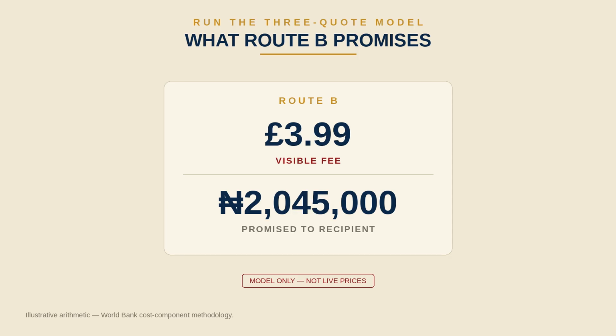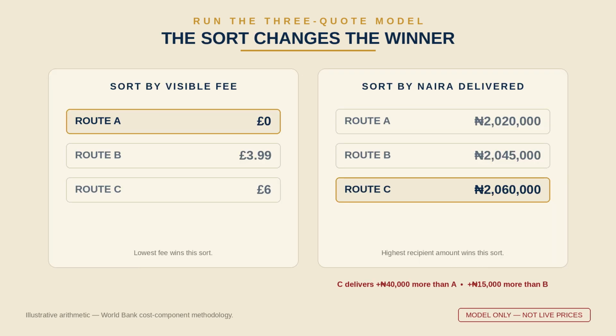Route B shows a fee of £3.99 and promises 2,045,000 naira. Route C shows a £6 fee and promises 2,060,000 naira. If you sort by fee, Route A appears to win. If you sort by recipient amount, Route C delivers 40,000 naira more than A and 15,000 more than B.